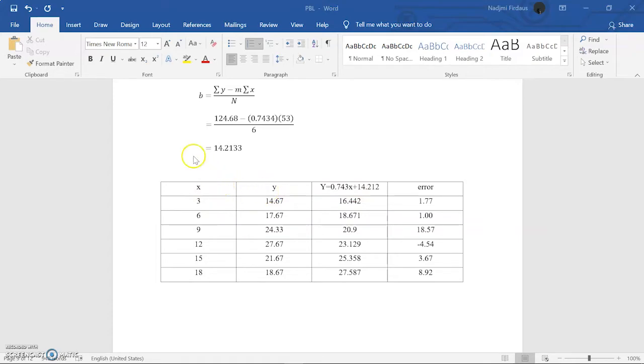In the first column, the value of x, the second column, the value of y, the third column, the value of y when y equals 0.743x plus 14.212, and the fourth column is error.